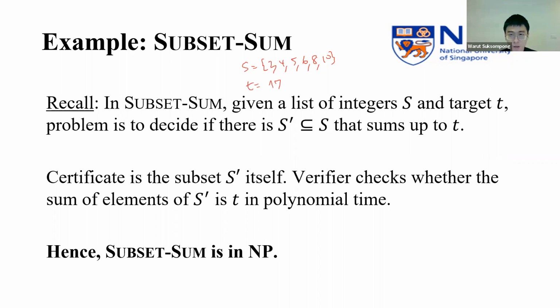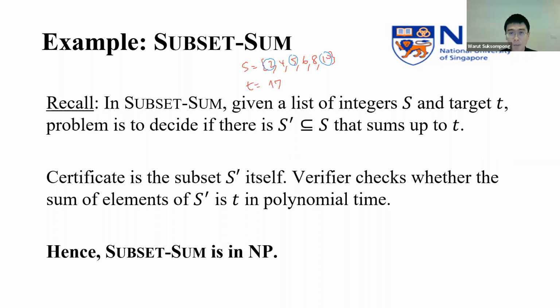If I want to convince you that this instance is a yes instance, I can just show you the certificate. So what's a certificate? A certificate would be just the list of numbers that really sum up to T. In this case, I would show you 2, 5, and 10.